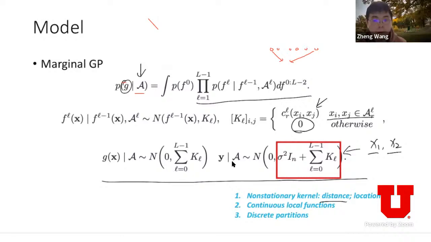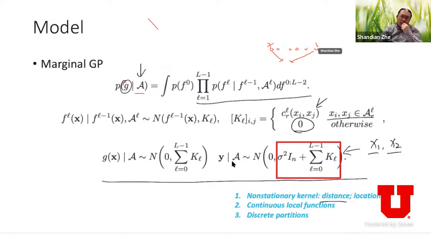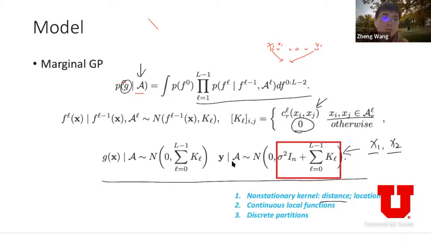Like if x1 and x2 are here, then the covariance is just one kernel. For example, this is the very first level. But if x2 is here, then it is kind of an addition of several covariance functions. If you calculate it recursively, you can get a clearer idea of how this kernel works.